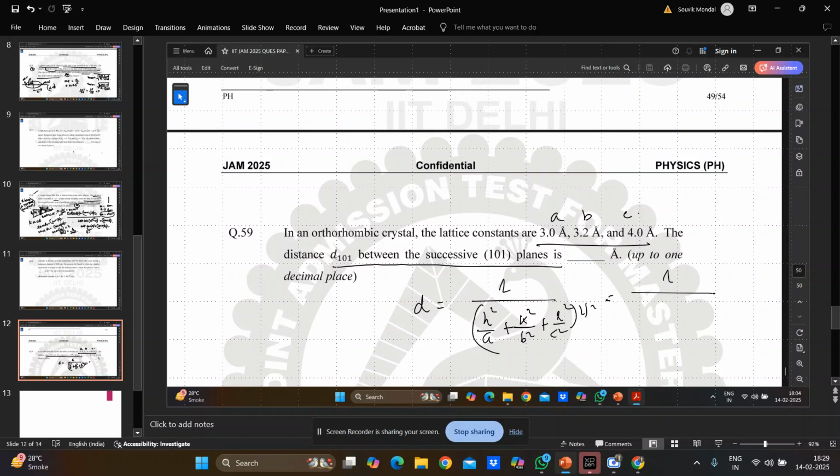So now apply it. 1 by a square, 3 square is 9, plus 0, plus 1 by 16, 4 square is 16, to the power half. So it will be 4 into 3 by 5, 12 by 5, that is equal to 2.4, I guess. Right? 12 by 5, yes.